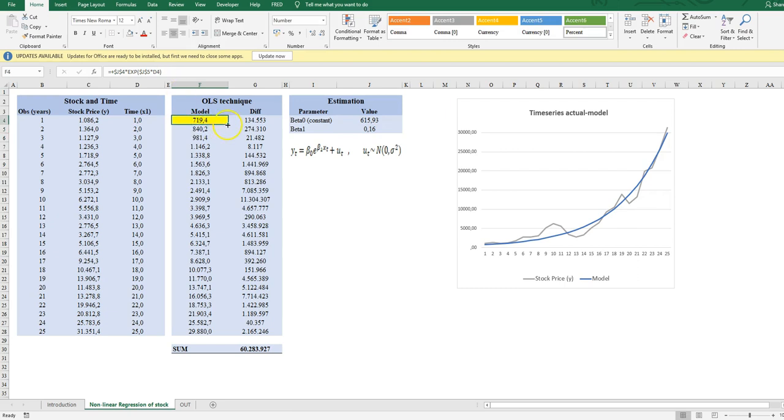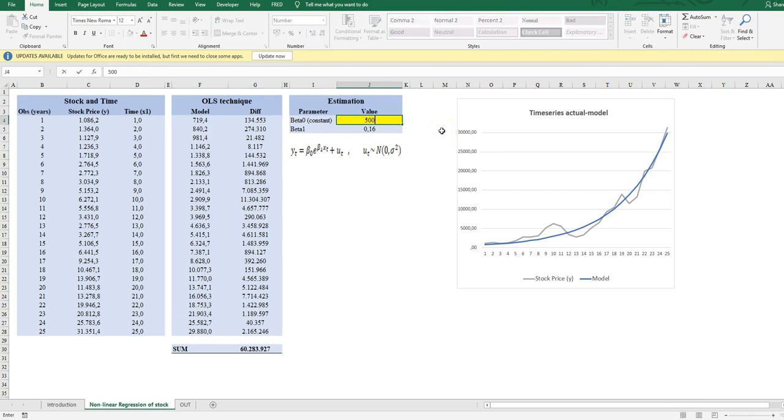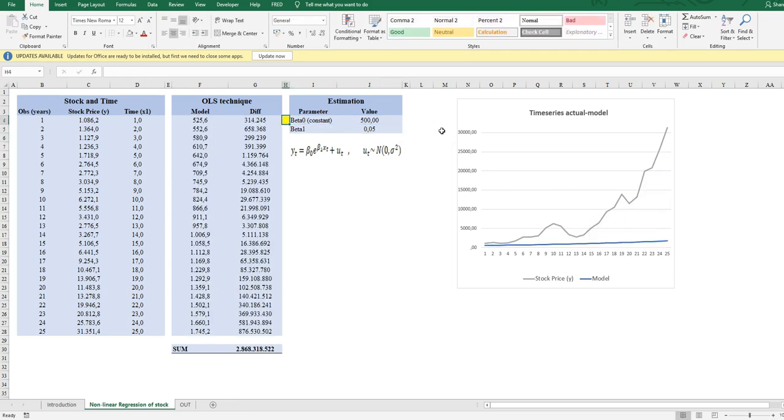And this I do all the way, and I'll just put in some other values because those values were the correct values. And here is the OLS technique.